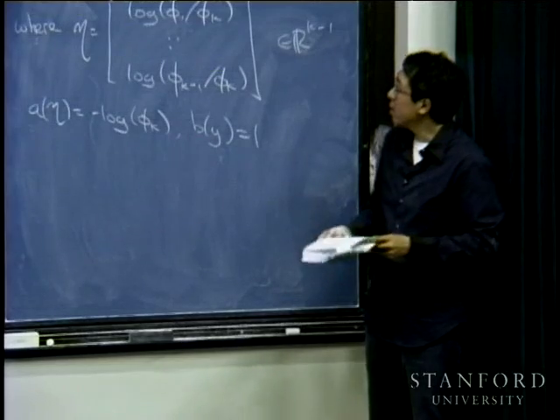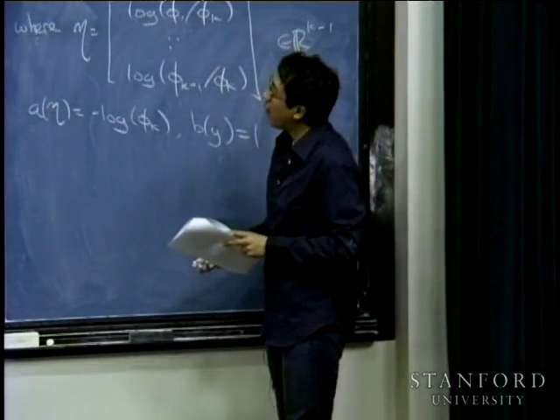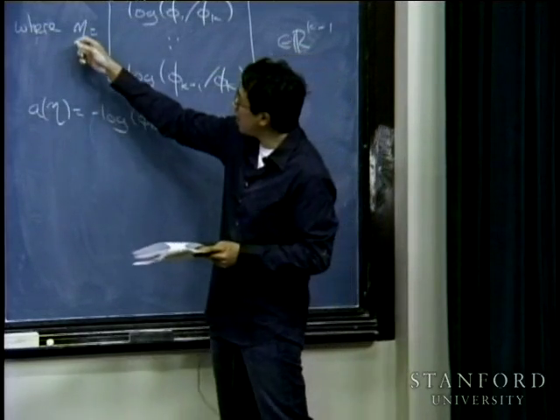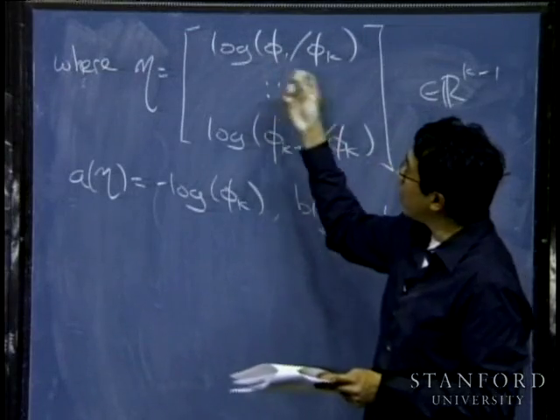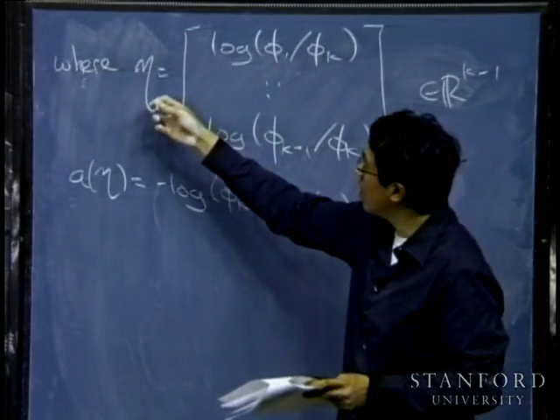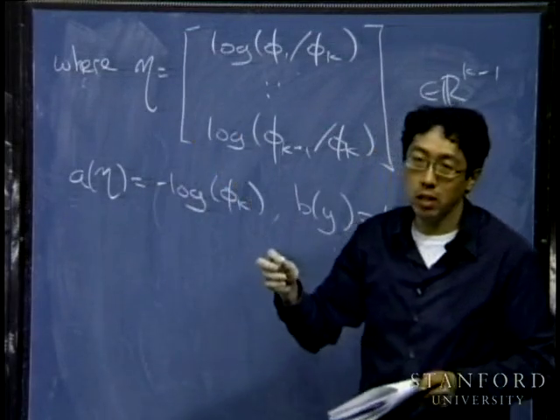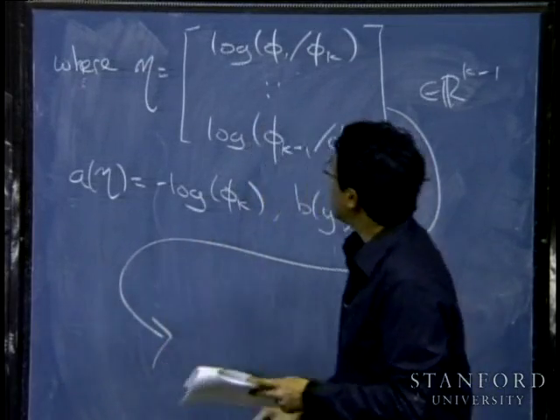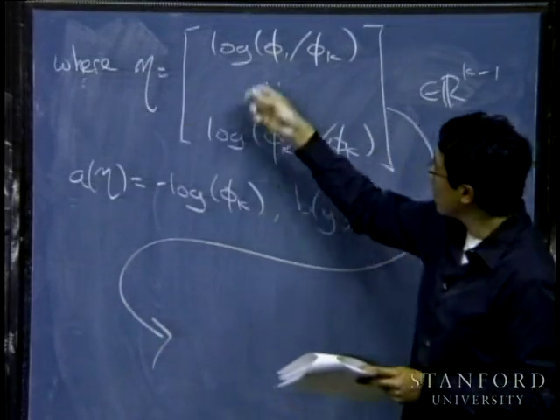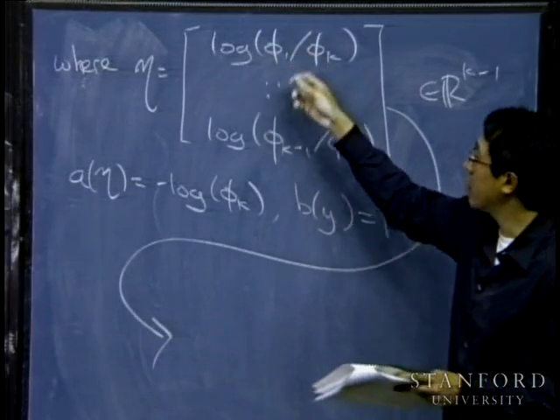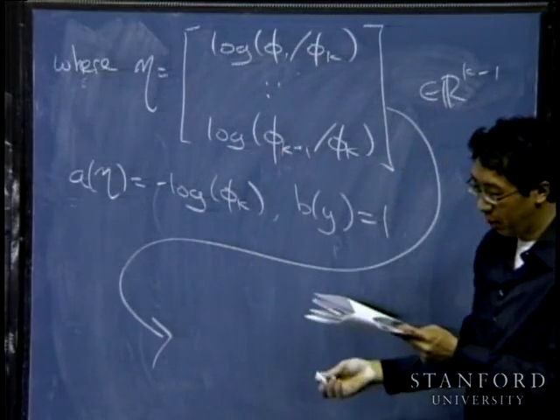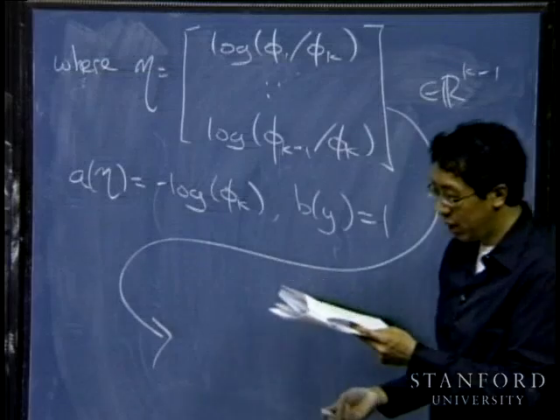When we worked out the Bernoulli distribution, one of the things we did was we also had eta as a function of phi, and then we inverted that to write out phi as a function of eta. It turns out you can do that as well. This defines eta as a function of the multinomial distribution's parameters phi. So you can take this relationship between eta and phi, invert it, and write out phi as a function of eta.